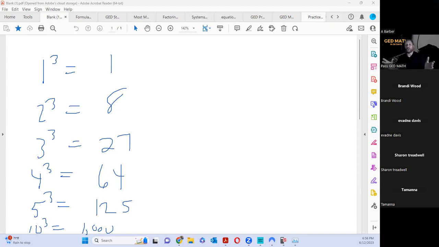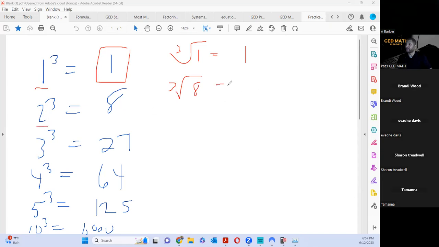Listen, you should know all of these. And if you know these, and you understand that square and square root are inverse operations, you should know that the cube root of 1 is always the base. So the cube root of 1 is 1. The cube root of 8 is 2.